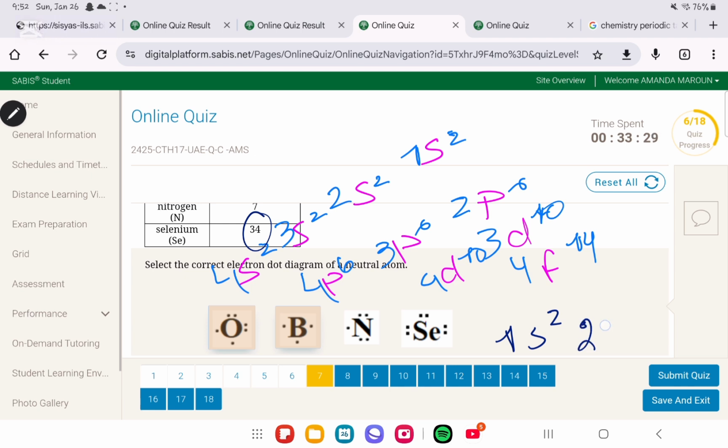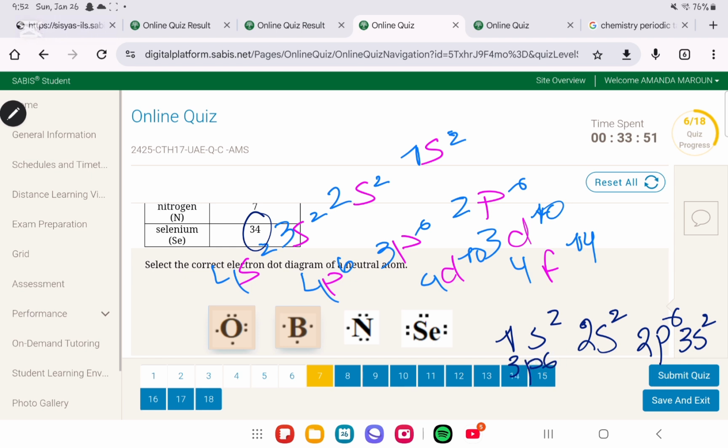Then 2s2, again, answer minus 2, you get 30. Then 2p6 minus 6, you get 24. Then 3s2 minus 2, you get 22. Then 3p6 minus 6, you get 16.